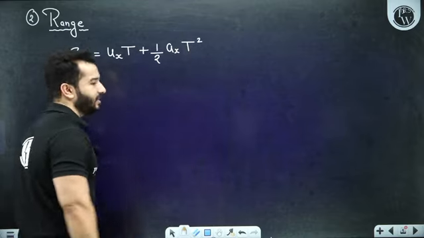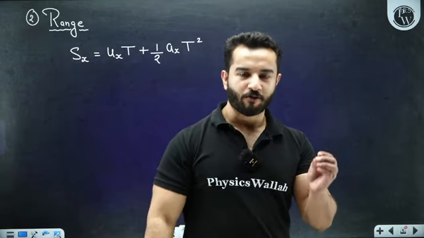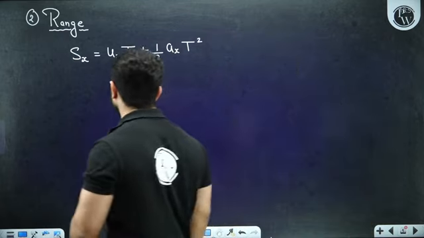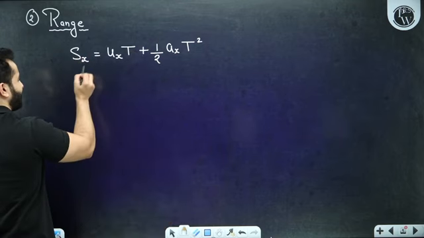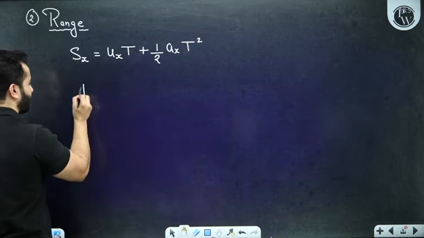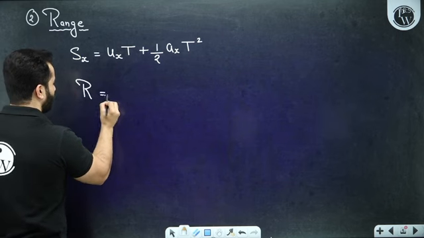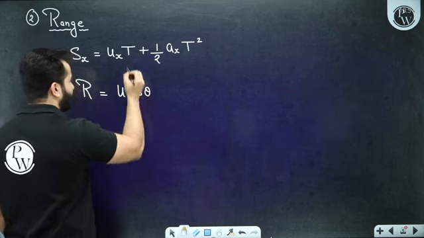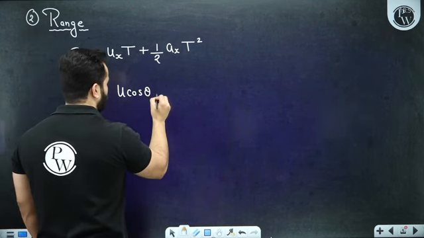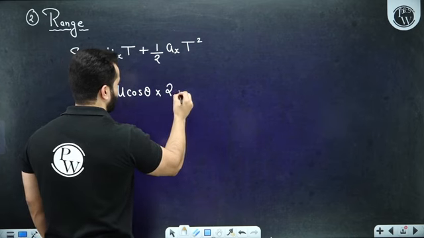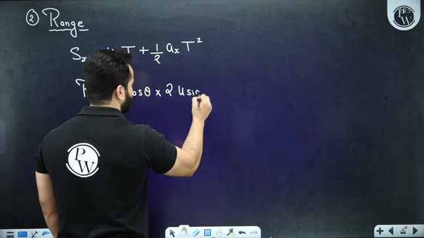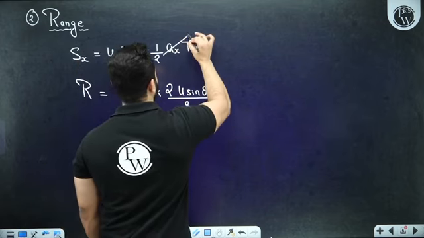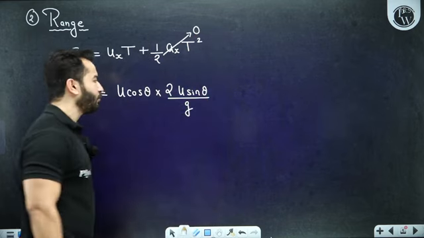So I have done nothing, I have applied the second equation of motion along the x direction. Instead of writing it as sx, I'm going to write it as range R. Ux is nothing but u cos theta. Time of flight is nothing but 2 times u sine theta by g, and there is no acceleration along the x direction. So I've got my formula for range as well.